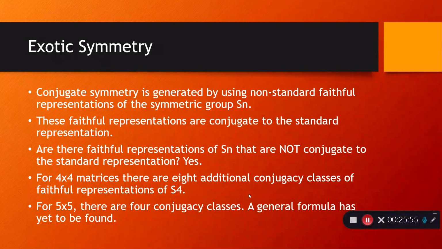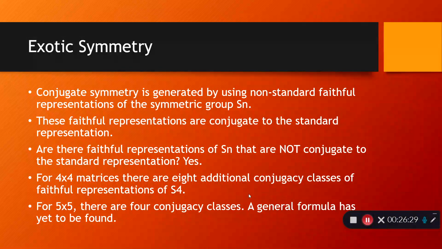All right, and so we can use these faithful representations to define new symmetries. If I have a new conjugacy class of faithful representations, it defines new total symmetry, new partial symmetry, new strong symmetry, and new conjugate symmetry, to say nothing of the other types of symmetries that we've talked about.